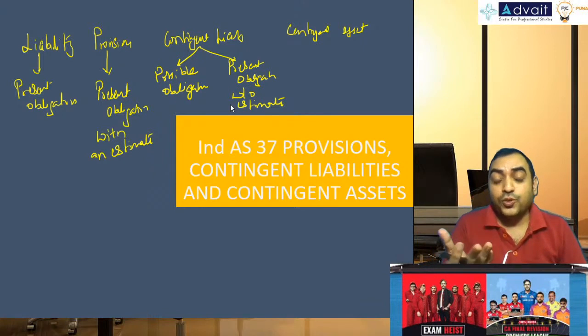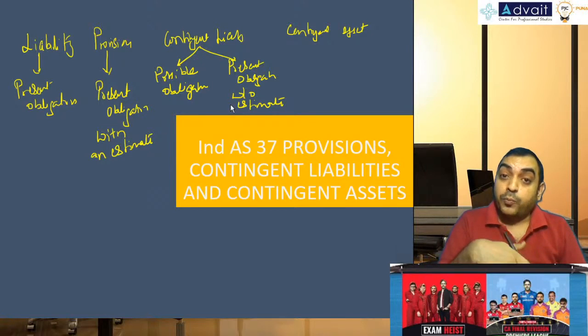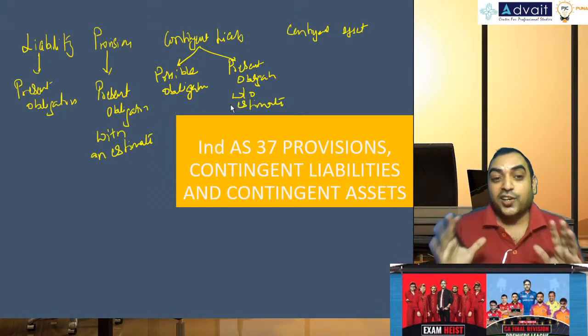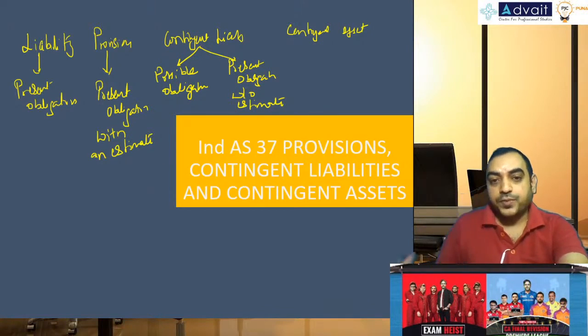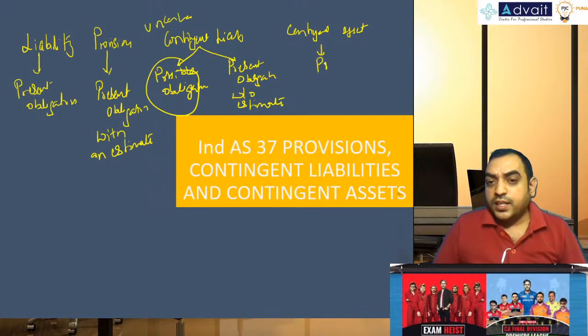That used to apply to results; now it is applicable to the CA exam itself. Anyway, these are called contingent, where it is a possible obligation depending on an uncertain event. Contingent asset also is a possible right, a possible benefit, not an existing benefit.